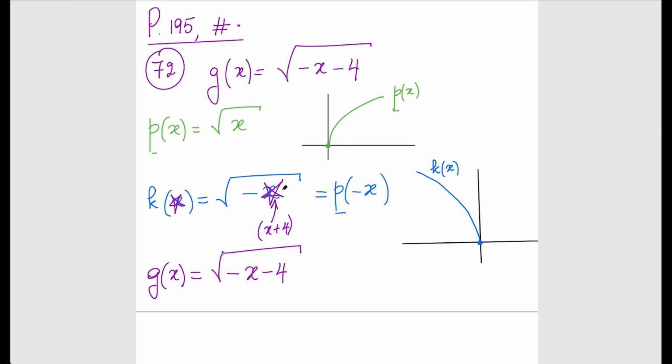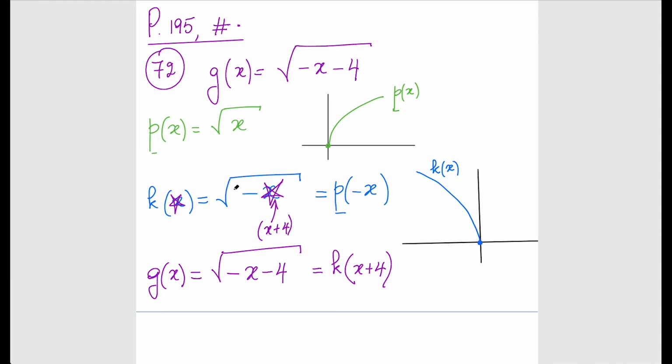That's gonna be the opposite of the star, and that's gonna make -x -4 as we have here. So the star has to be x plus 4. So that's gonna be then k of x plus 4. Okay, so I'm gonna say it again. k of anything is the square root of the opposite of that thing. What I want to establish here is an algebraic relationship between g and k. Well, what I have is square root of negative x minus 4.